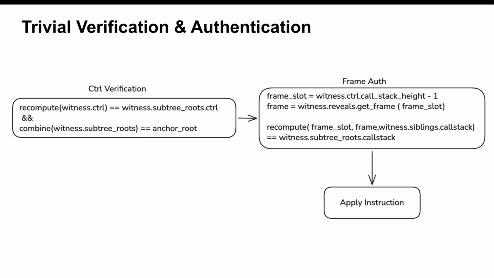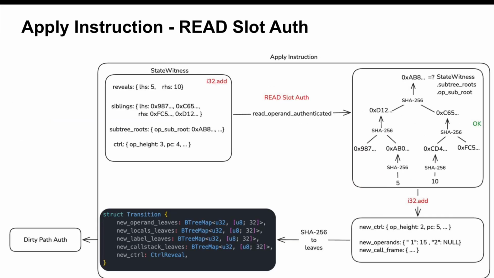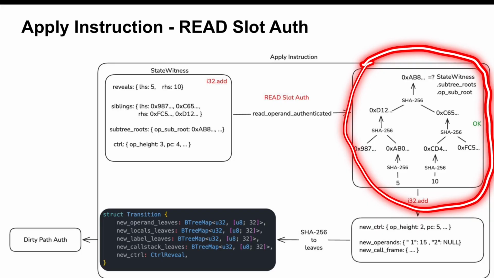Then after all this verification, we go to the apply instruction. So apply instruction is the function that applies the anchor instruction, obviously. In order to execute this instruction, first we need to read the left hand side and right hand side, right? But obviously we're not going to believe what the user claims that right and left are. So what we do, we read the operand in an authenticated way. We generate this partial Merkle tree in the instruction.